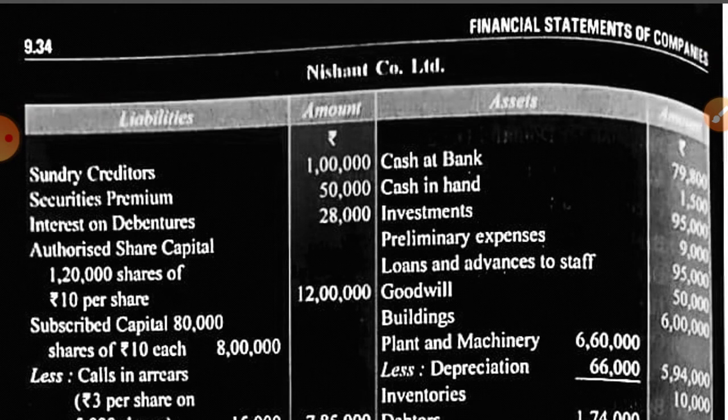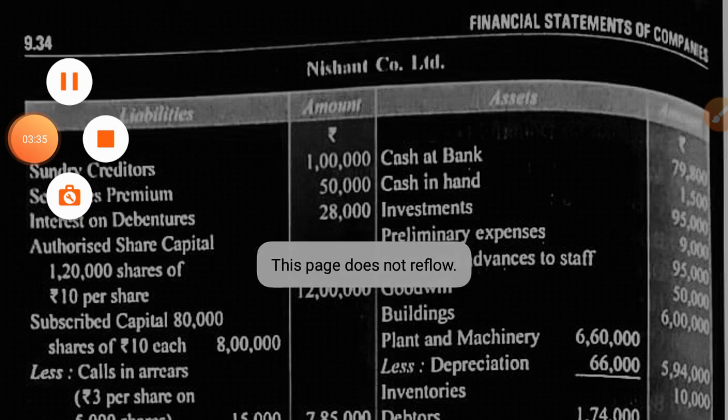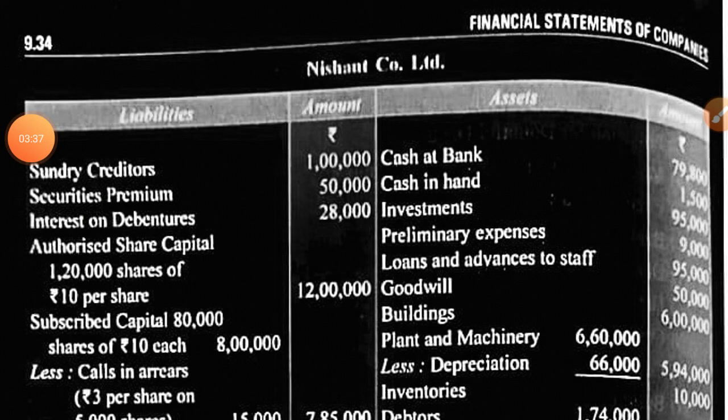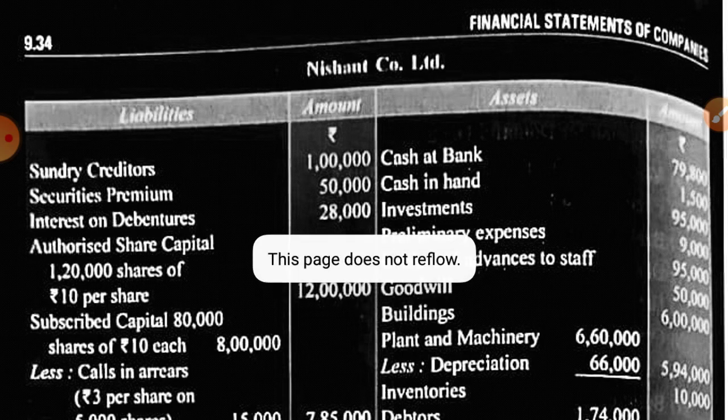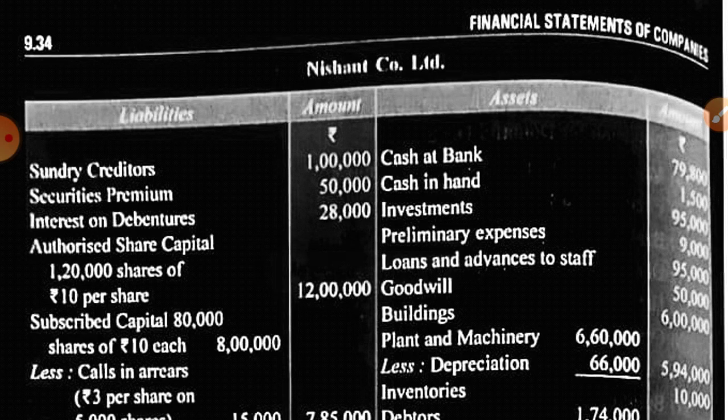So now we are going to see the presentation in the balance sheet. Okay, see, this is a horizontal format and it is not correct. We have to present the items as per Schedule 3 of the Companies Act 2013. Now you know what the heads and subheads are.